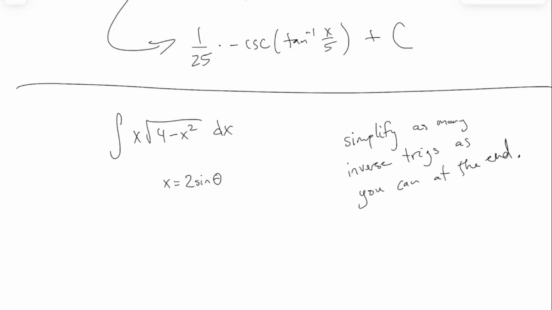Because this is just... That's how it started, and you get to here. Then you use one of these identities. I would actually just, from here, you can do substitutions.